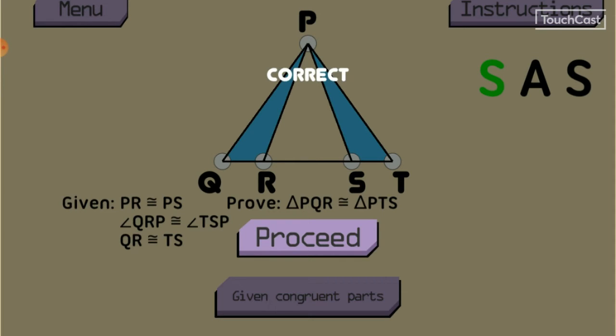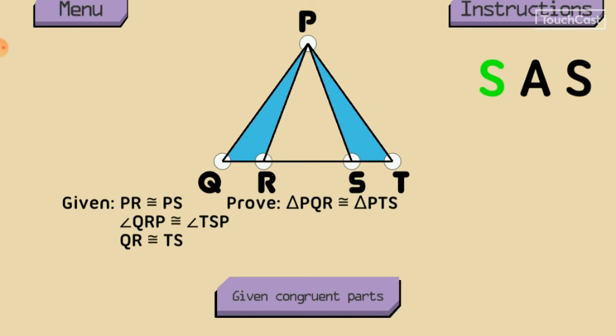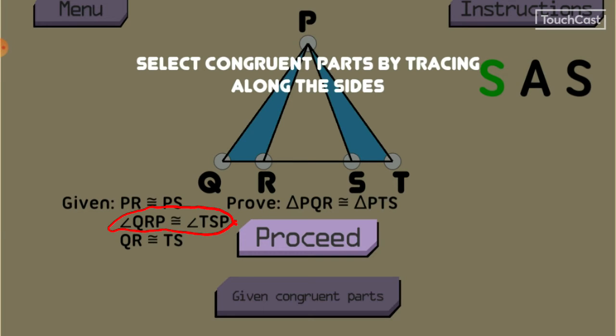And observe that the first letter in SAS is now colored green to inform the user that that has been determined and that's correct. So let's now proceed to the next part. Since we're now going to use the angle part, we are going to identify what pair of angles are congruent, and we press the given congruent parts button again.